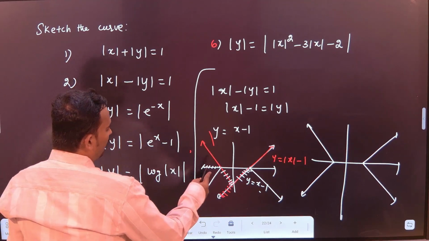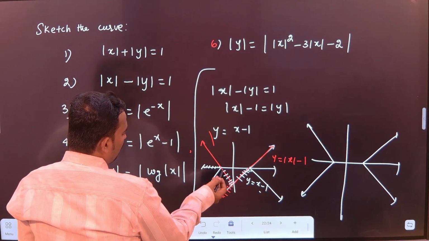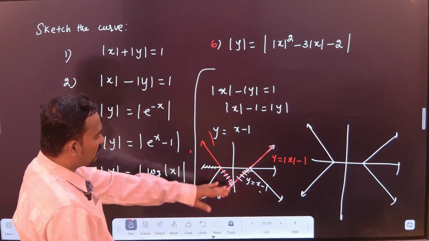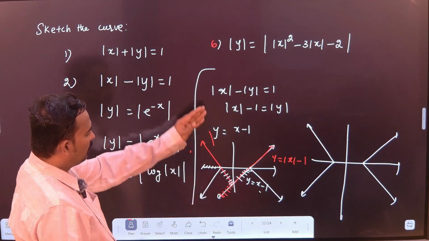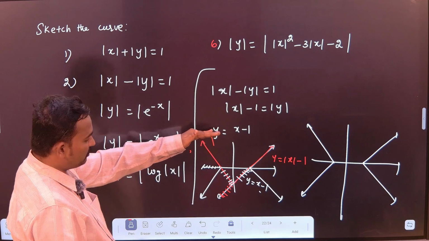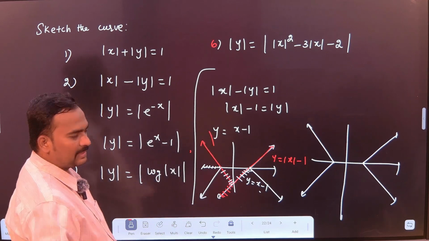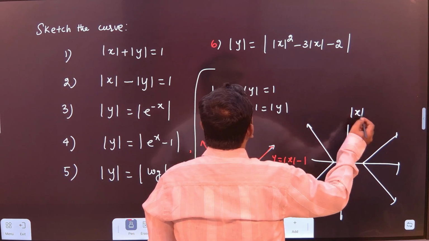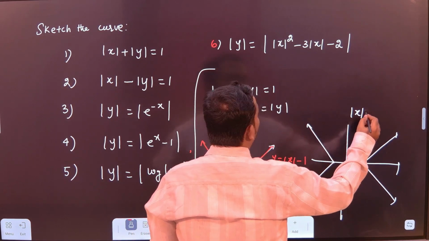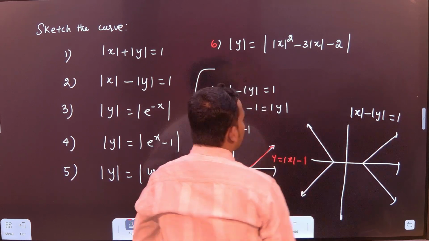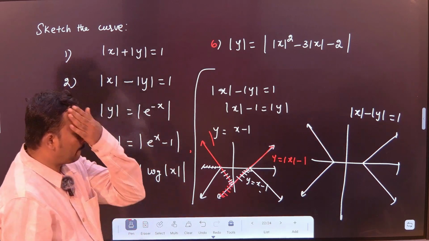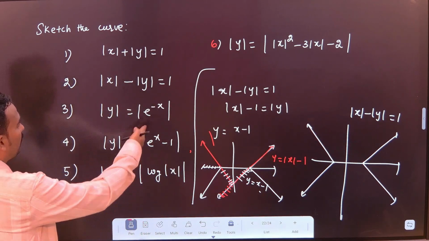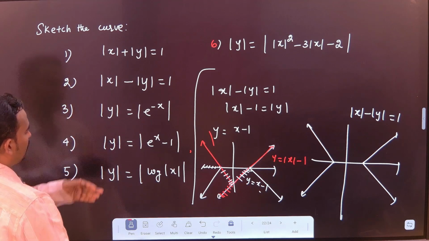That means whatever is below the x-axis, you have to remove it. Whatever the positive portion is there, you have to take the image with respect to the x-axis. This is your graph of mod x minus mod y is equal to 1. I hope everyone understands.